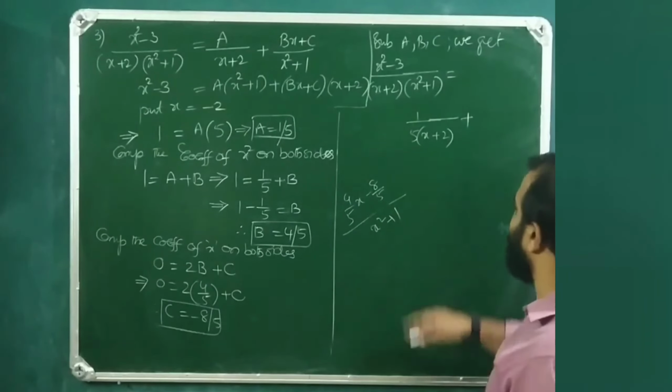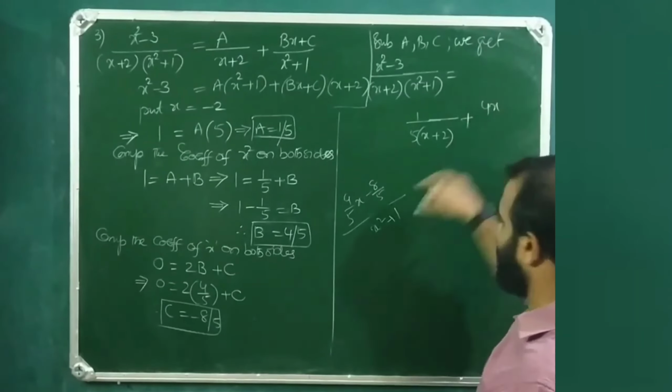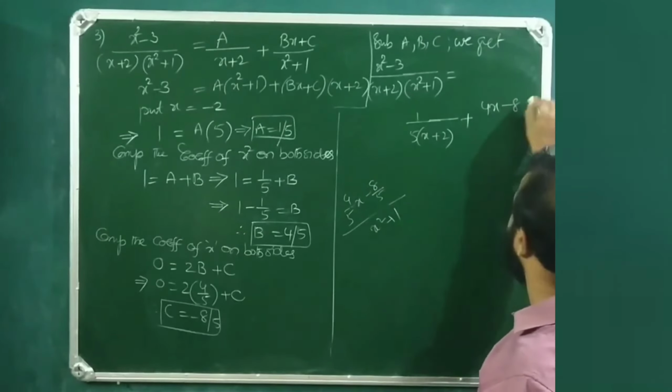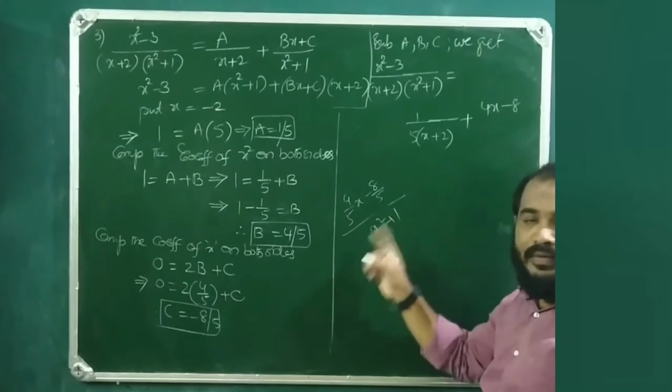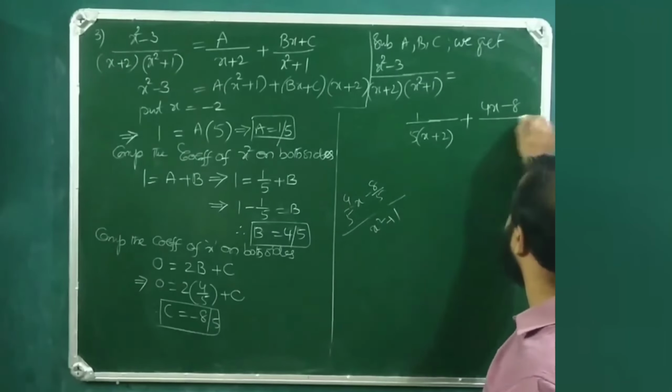So this is 4x minus 8, take LCM 5, so 5 into x square plus 1.